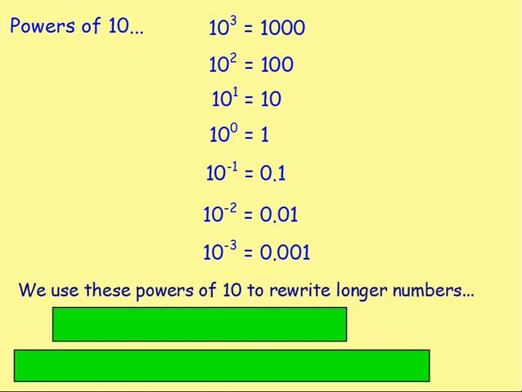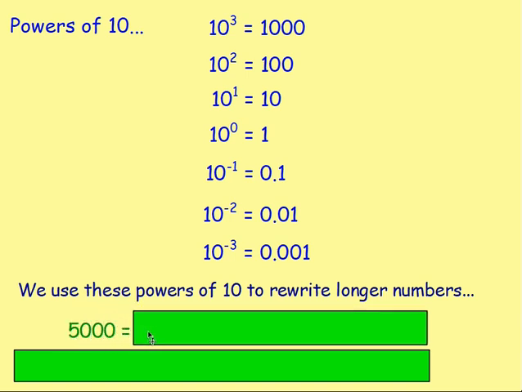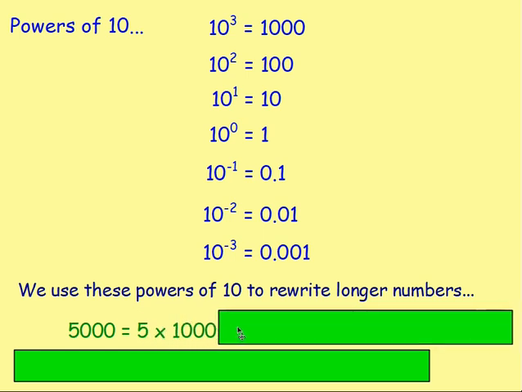What we can do is we can use these powers to rewrite some longer numbers. I'm not going to use a really long number. I'm going to use just a fairly small number just to give you the idea. But let's say we had something like 5,000. It's probably easier just to write it as 5,000, but this just gives you an example. 5,000 is 5 times 1,000.